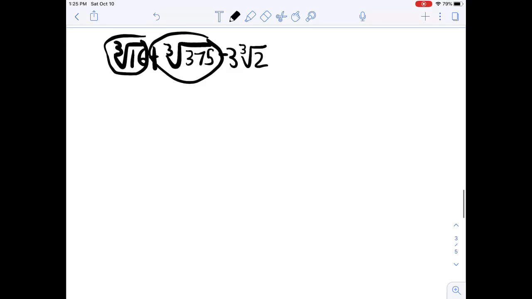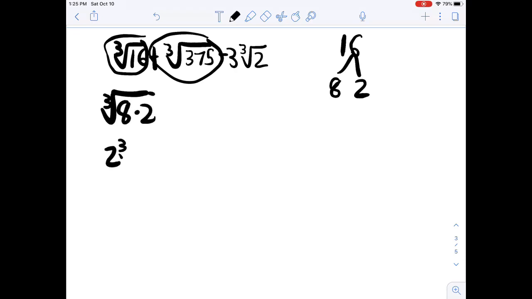Let's start with the cube root of 16. We're going to find the hidden cube root factors. This is 8 times 2, and we know that 2 times 2 times 2 is 8. So the cube root of 16 is the same as the cube root of 8 times 2, which is 2 times the cube root of 2.